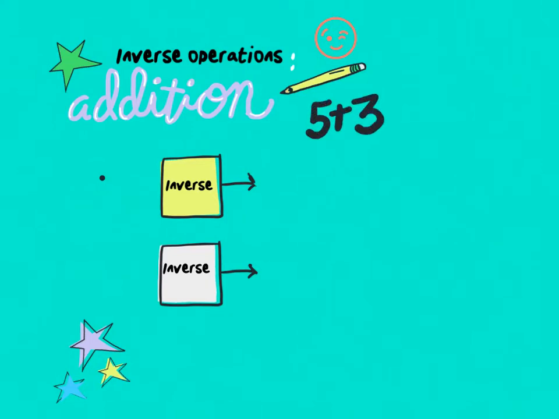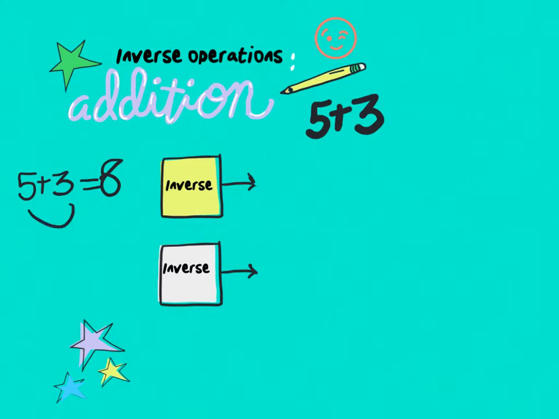Okay. So, an inverse operation means that you can flip the numbers and you're going to get the same answer. So if I do 5 plus 3, it's going to equal 8. Okay? Inverse means to flip.